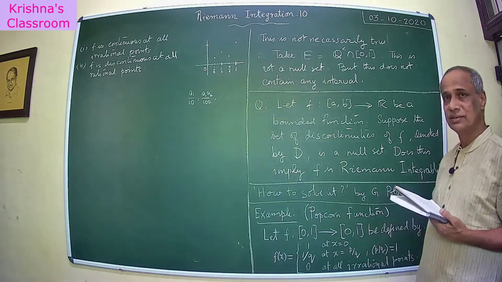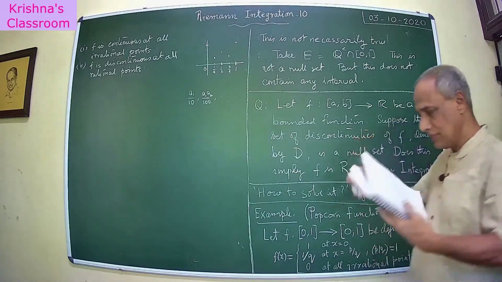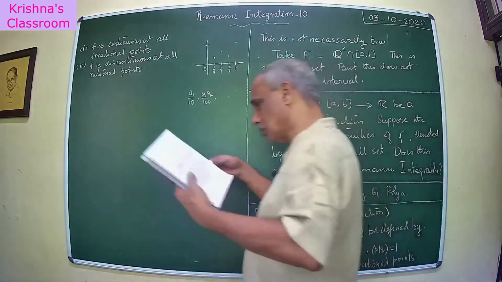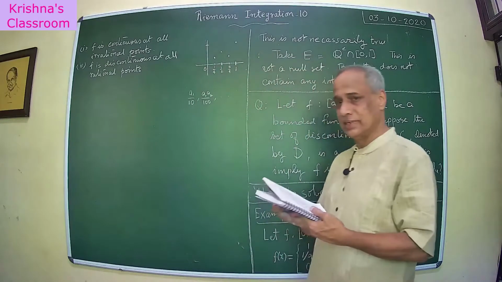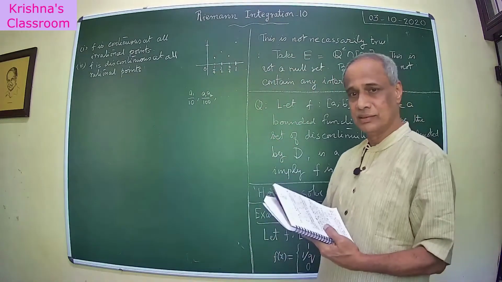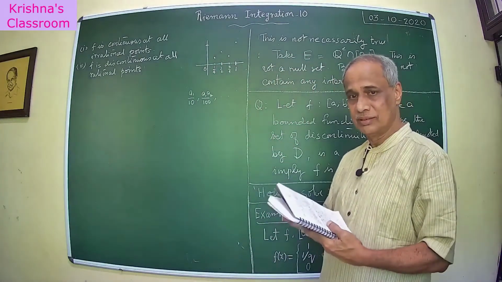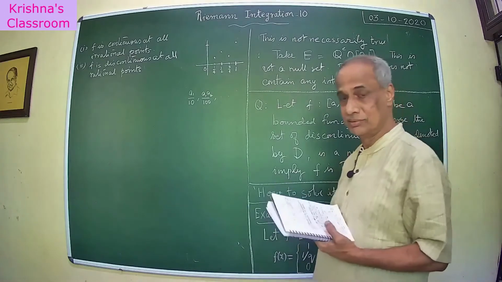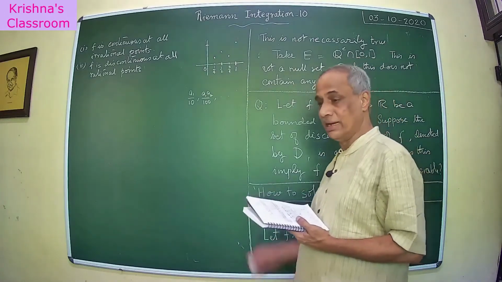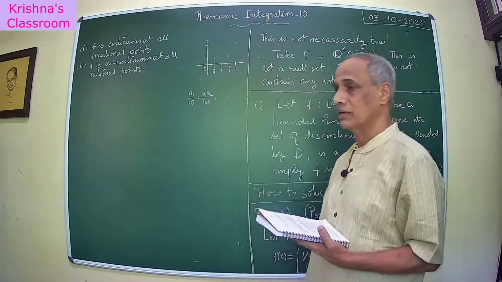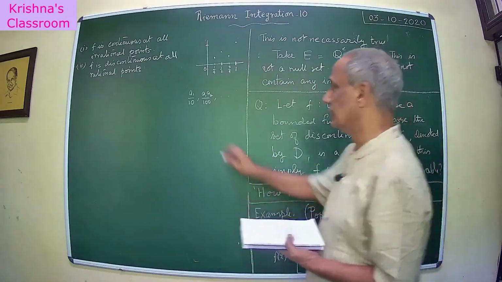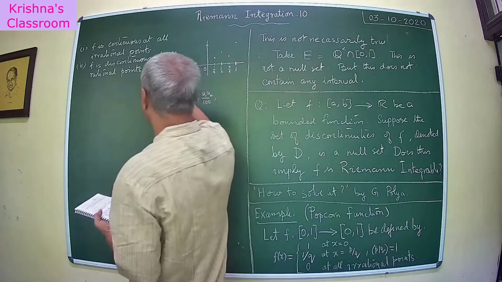Okay, so you see that when the rational points get closer and closer to the irrational number, all the function values become closer to 0. So you can actually write a very rigorous proof of that. So that is something for the irrational points.